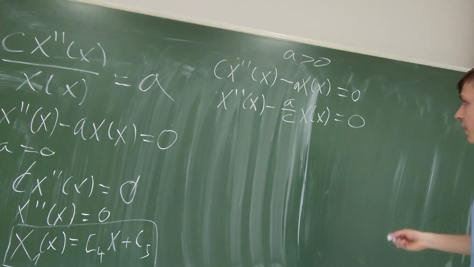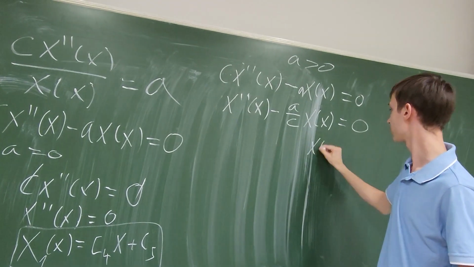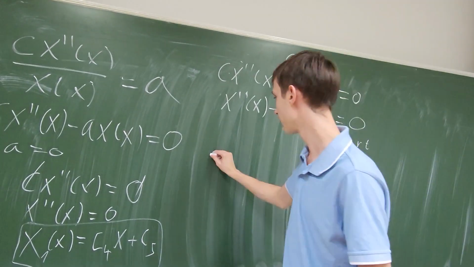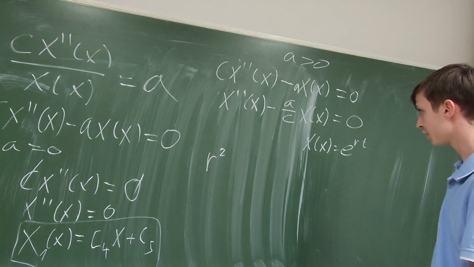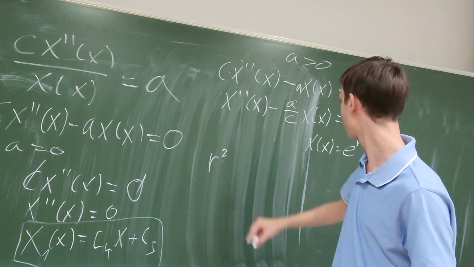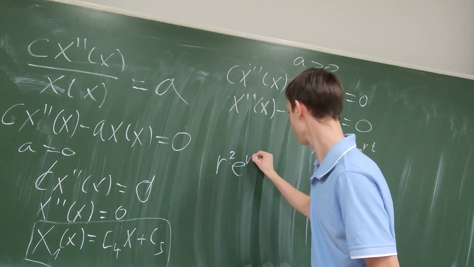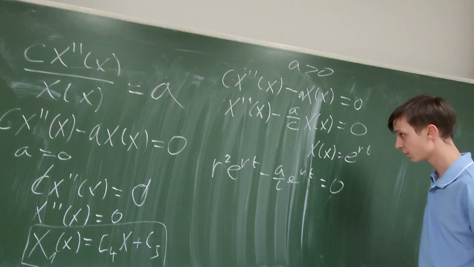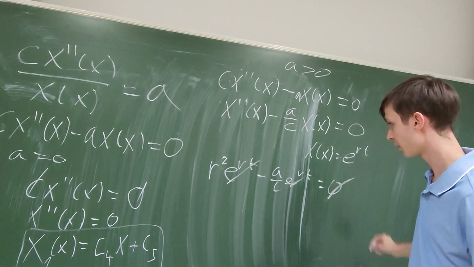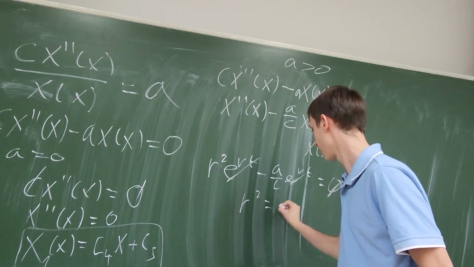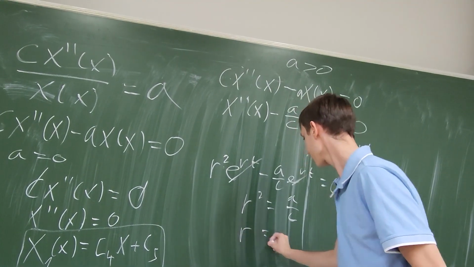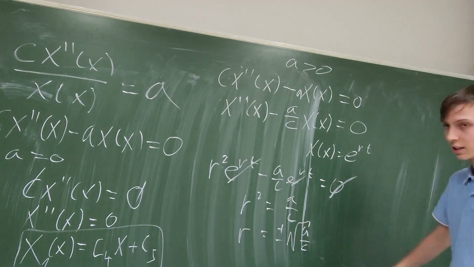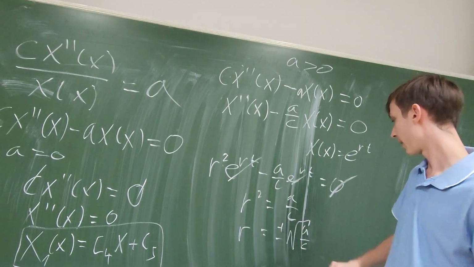Equals 0. Now we can use this expectation that x of x is supposed to be equal to e to the rt, and then using this idea which I also discussed in a previous video, which you can also watch, r squared will happen here, e to the rt minus a over c e to the rt equaling 0, cancelling out e to the rt on both sides of this equation. All that is left is r squared equals a over c, and r is plus minus the square root of a over c, where this is expected to be positive inside the square root, no complex things.